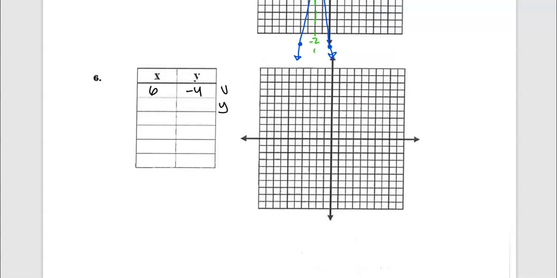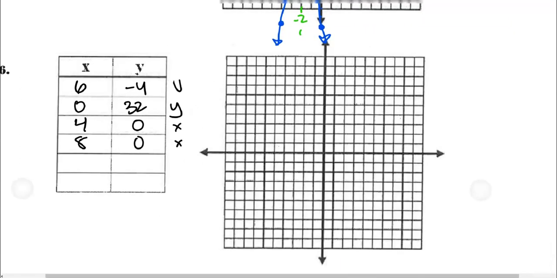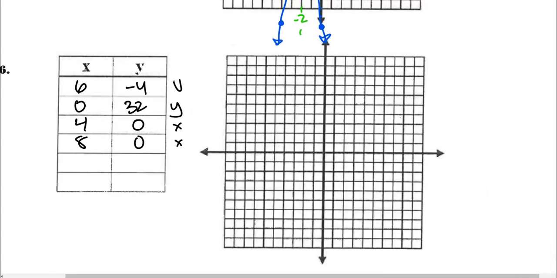What was the y-intercept? And then our 2 x's? 4 and 8. Okay. So those are our key pieces that we need to graph, right? If you want to do the bonus mirror image, we can do that later. But these are the 4 we absolutely have to plot. Let's count by 4s.